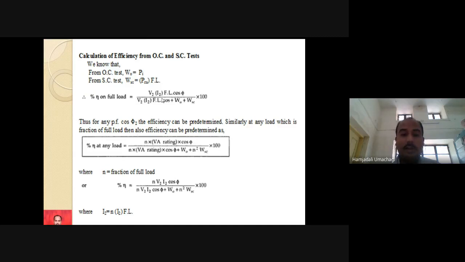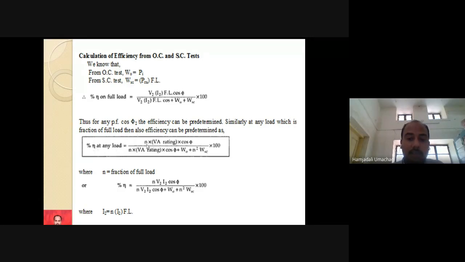In the laboratory, in the examination, we may say that conduct a suitable test on single phase transformer to predetermine its efficiency at x equal to 0.2. Predetermine means always you should remember it is OC and SC test. Predetermining means without connecting any load, we are going to predetermine the efficiency value, and that too at loading condition n.